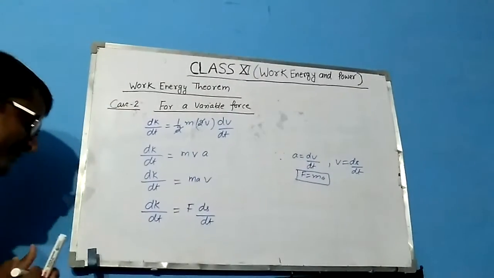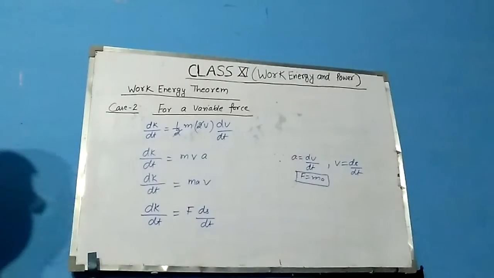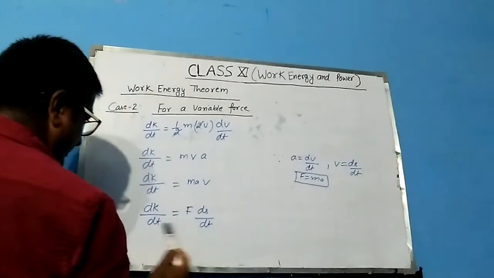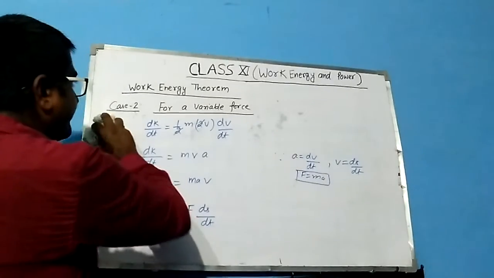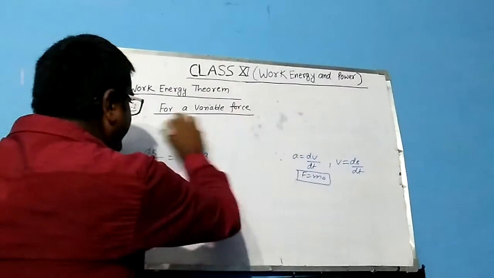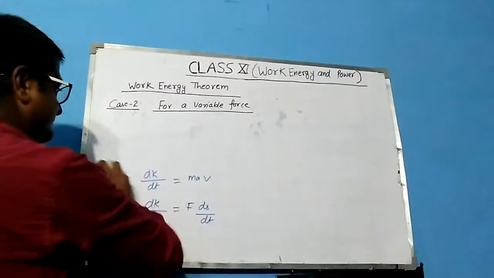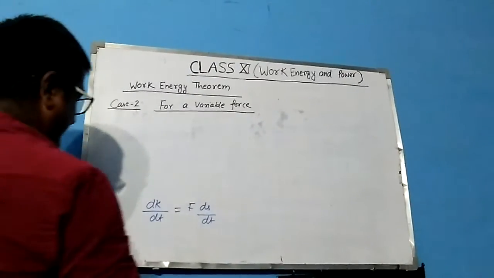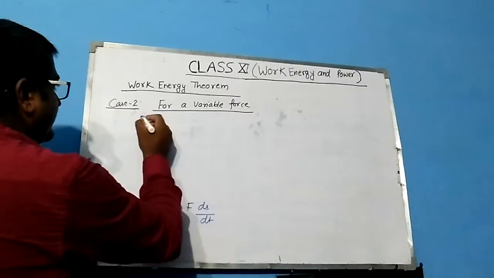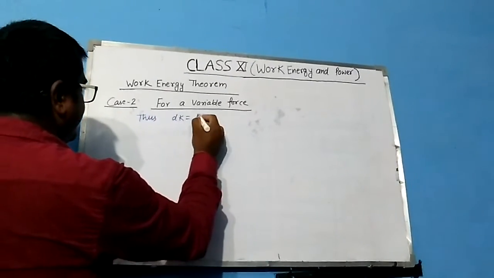So dt will be cancelled out. Thus dK equal to F ds.